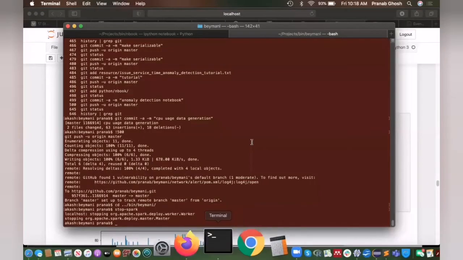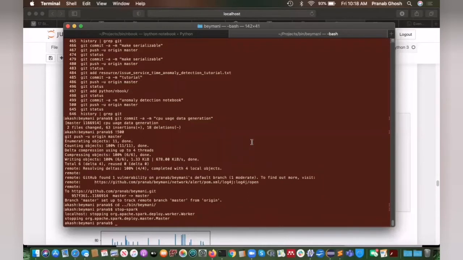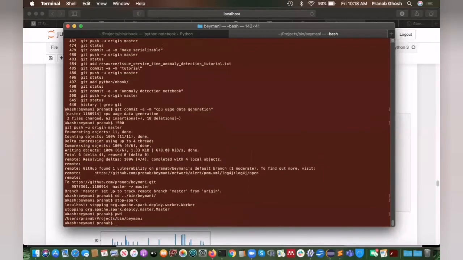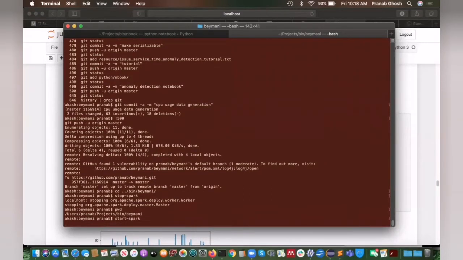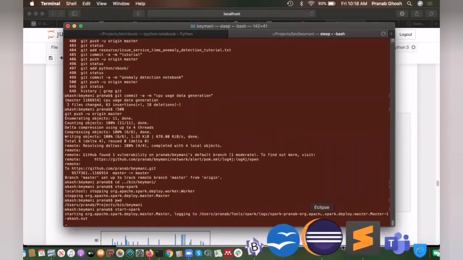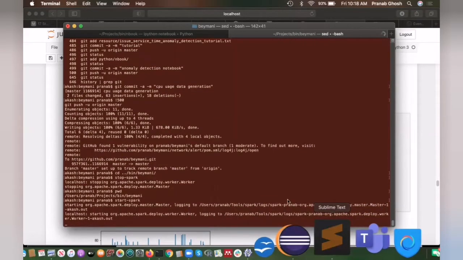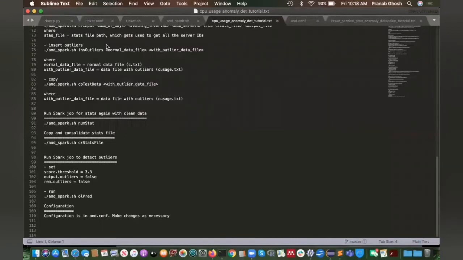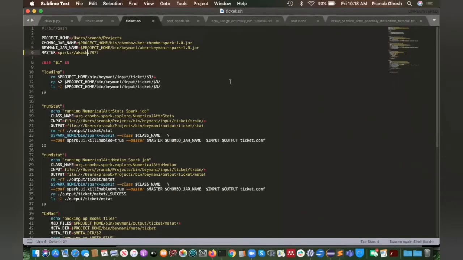I'm going to go to a shell terminal. I'll start Spark, and while Spark is starting, let's go through some relevant files for this use case. For all my Spark jobs, there is a shell script.